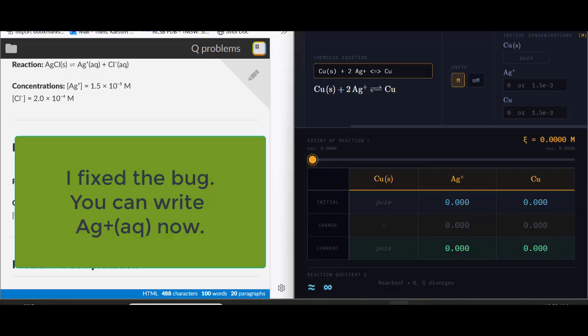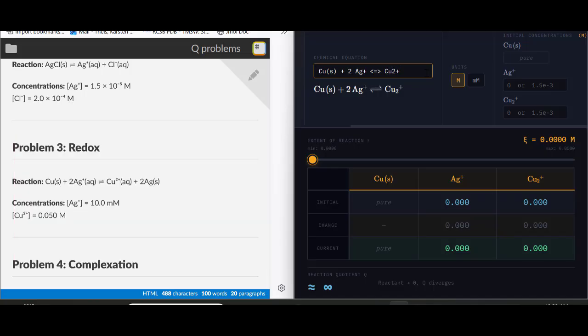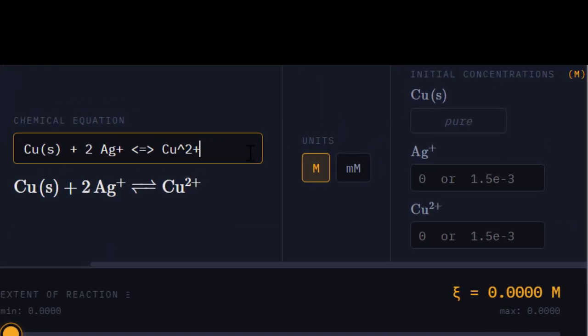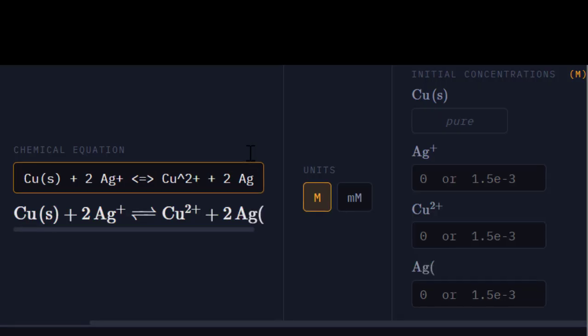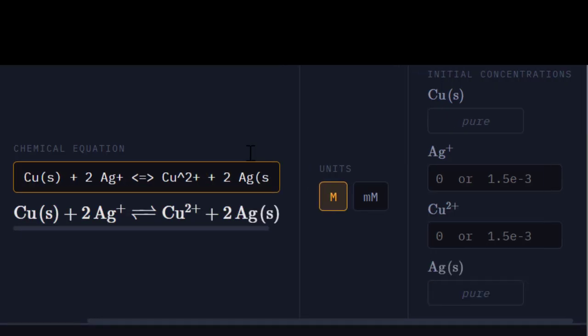If you have 2 positive charges, and I just write 2 plus, then you get the wrong thing, right? You see this is copper sub 2 plus, so I have to put a caret on top, one of these guys. And this looks good. Plus 2 silver as a solid. So we have 2 solids here, right?